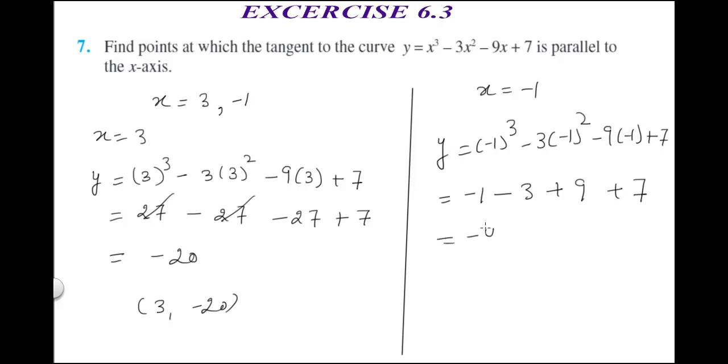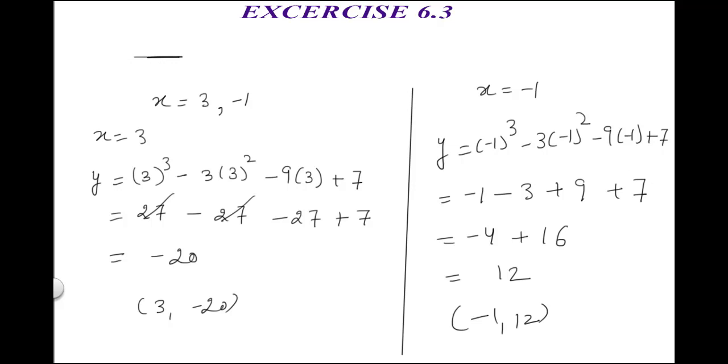Minus 1 and minus 3 give minus 4, 9 and 7 will be 16, so we get 12. So the other point is minus 1 comma 12. Clear? Because we had to find the points on this curve at which tangent is parallel to x-axis. Let us discuss another question from the homework part.